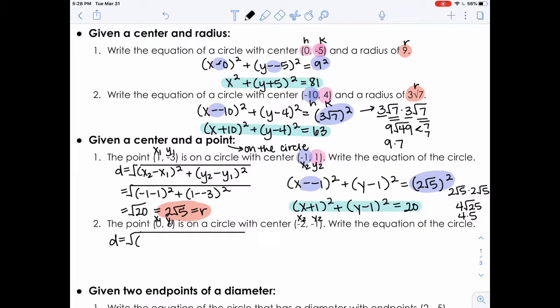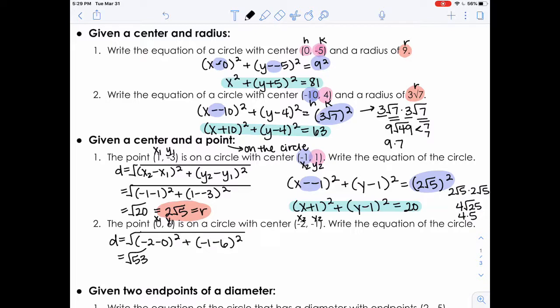So what we're going to end up with is -2 minus 0 squared plus -1 minus 6 squared. And according to our calculator, that leaves us with the square root of 53, which I believe is prime. So I don't think we can simplify that at all.